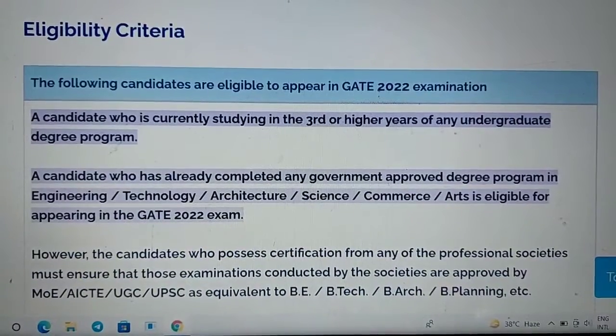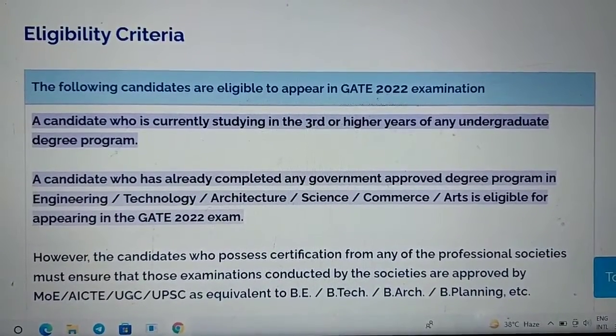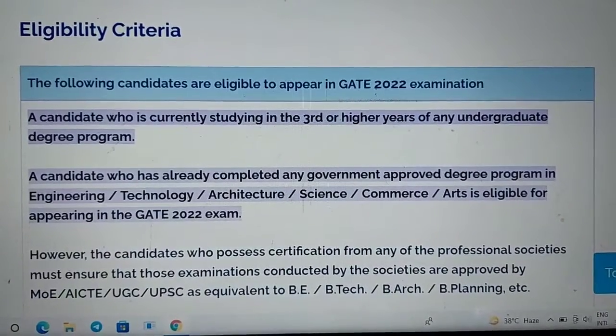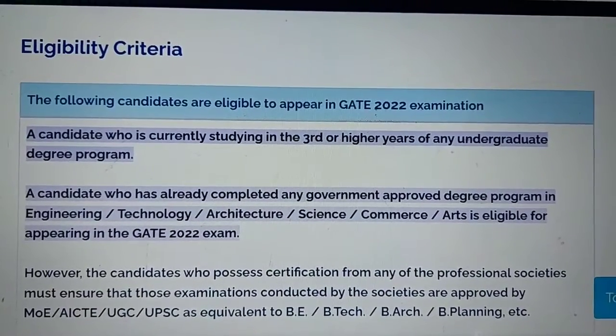So coming back to the eligibility criteria, if you are in third year, fourth year, or you have completed your engineering degree, then you are eligible. Irrespective of engineering, technology, architecture, science, commerce, arts, every stream is eligible.